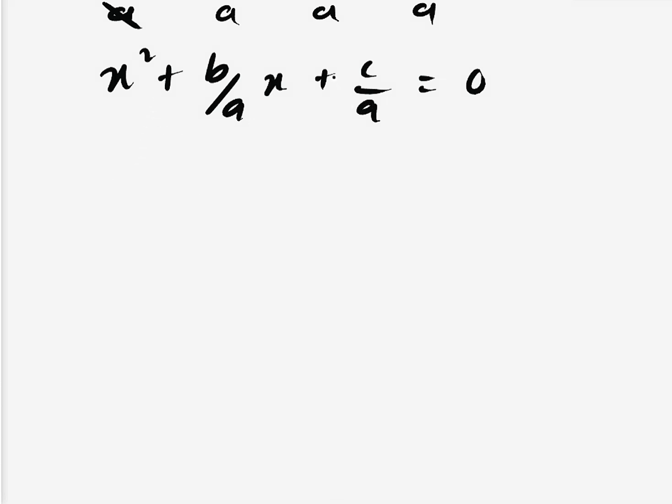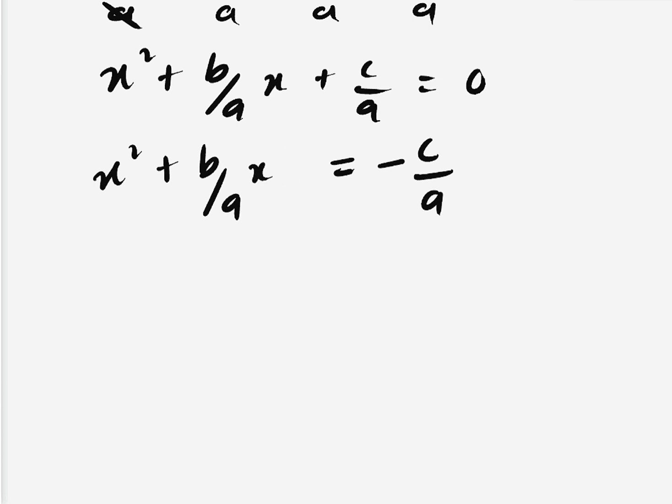So let's take this to the other side. So we have x squared plus b over a x equals, c over a going to the other side will become minus c over a.